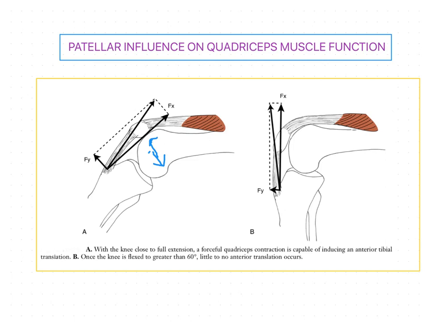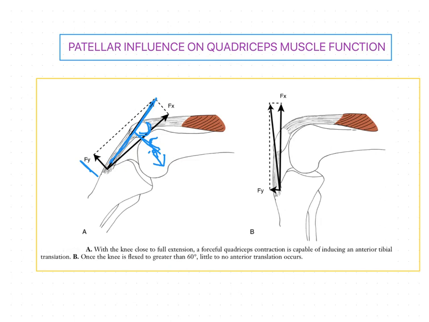Here this is the resultant action force of the quadriceps. Because of the patella, the distance between the joint axis and the resultant force is increased. Because of this increase, the rotatory component of the resultant force is going to increase.